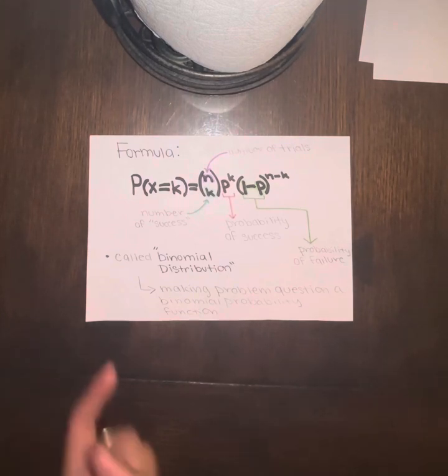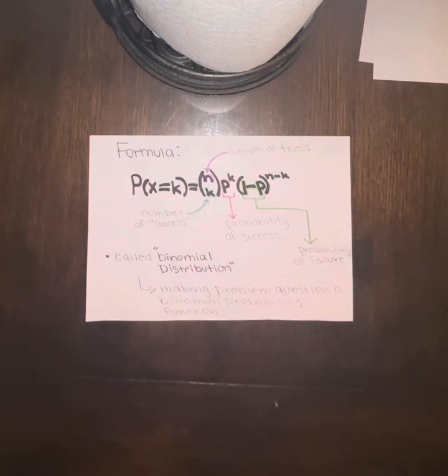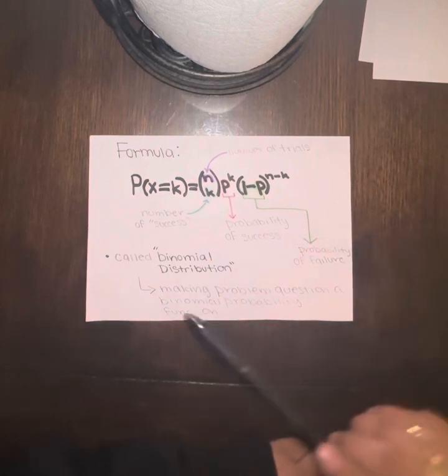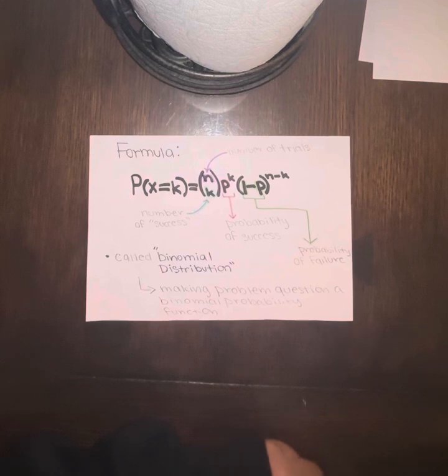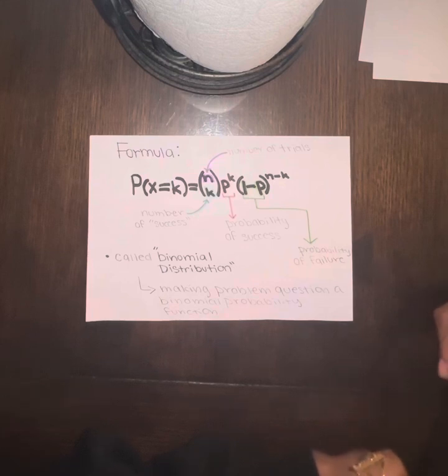So for that, you use this formula, the binomial distribution. In this case, the K is equal to the number of successes, the N is equal to the number of trials, the P is the probability of success, and the 1 minus P is the probability of failure.